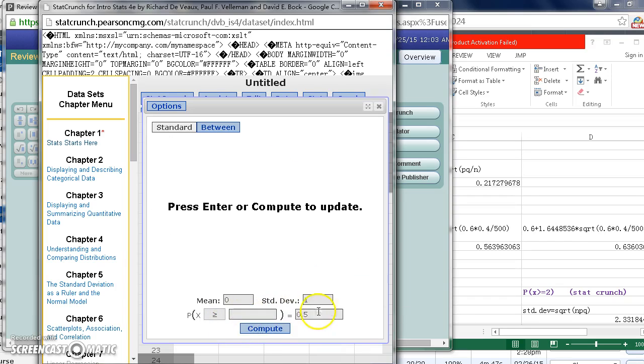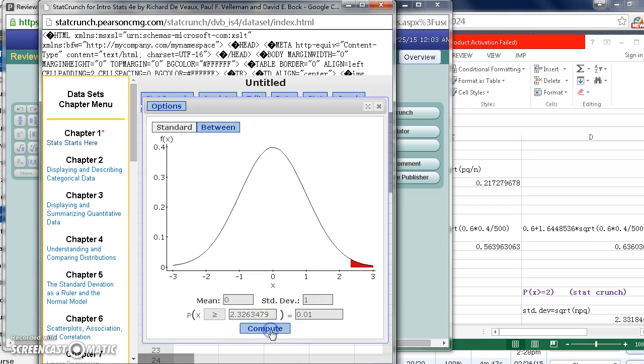Then I need to fill in the probability. A 98% interval means, if it's a normal distribution, you have 98% in the middle, which means you have 1% on each side. So I will use this point of 1% on the higher bound. So my z is this number, 2.326.